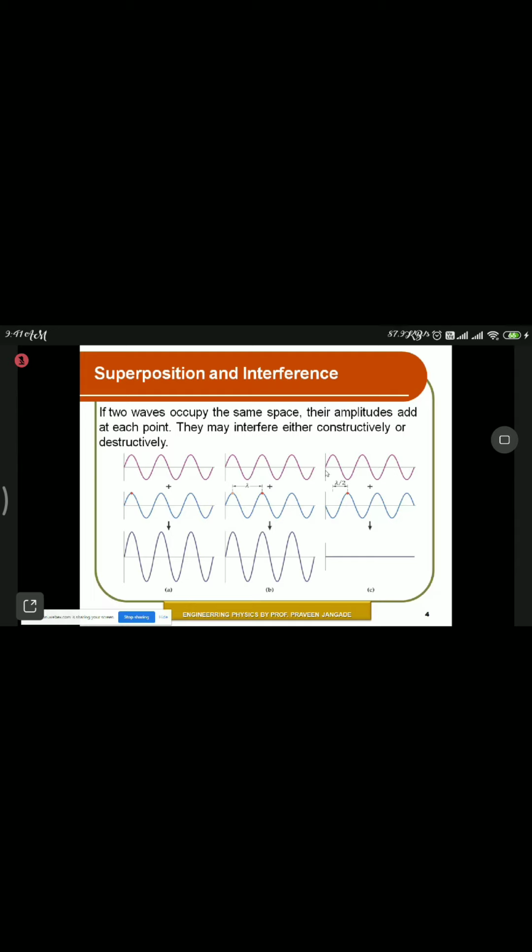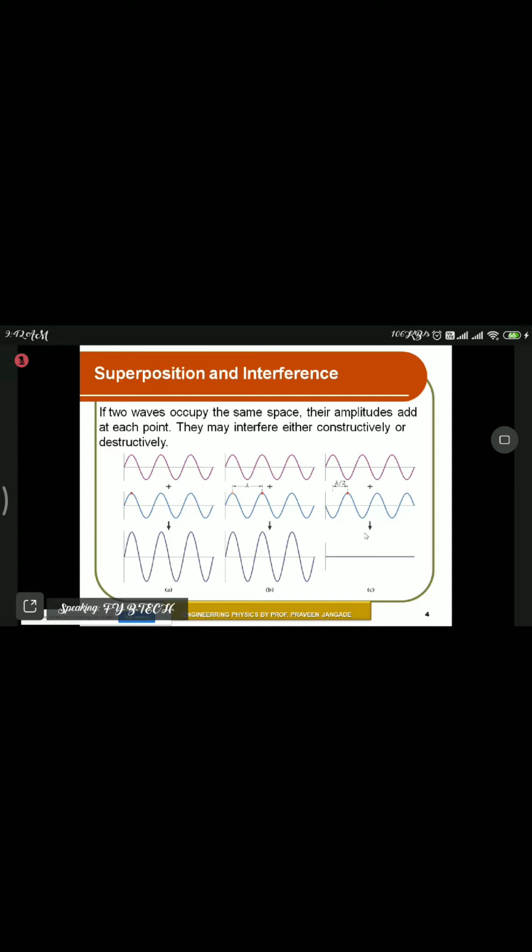Although they start from the same point, it is not in the same manner. That phase difference is 180 degrees. A 180 degree phase difference corresponds to a path difference of half a wavelength, that is lambda by 2, introduced between these two waves.